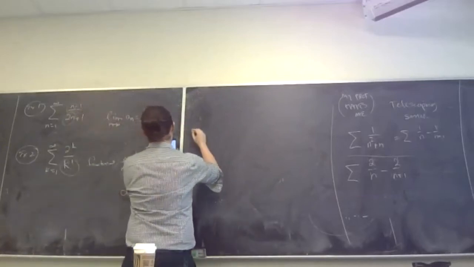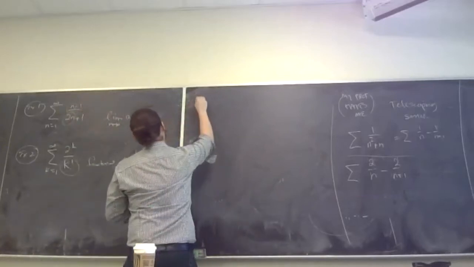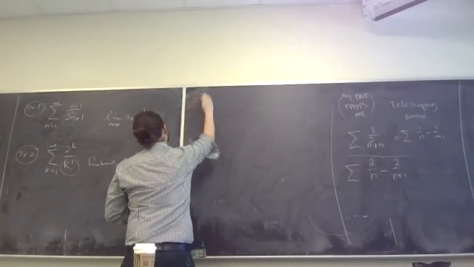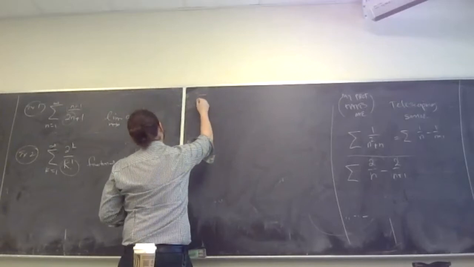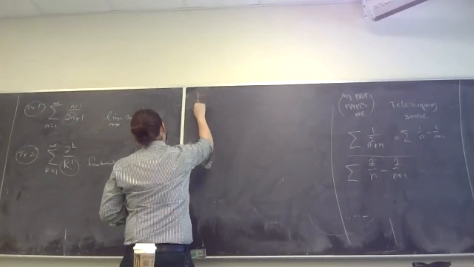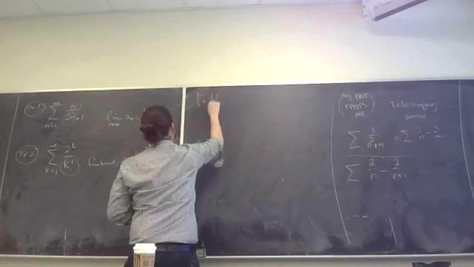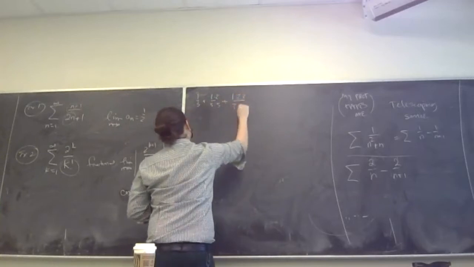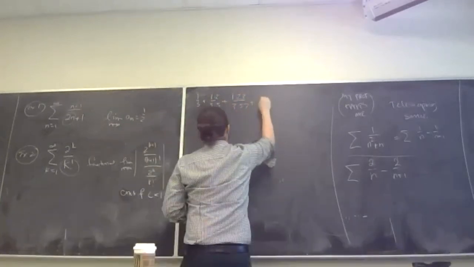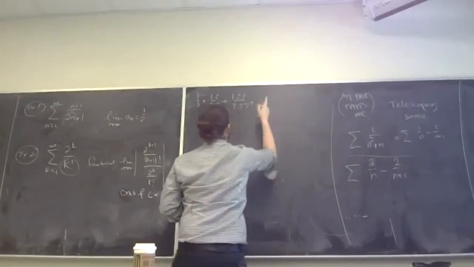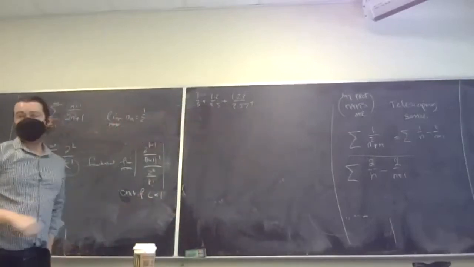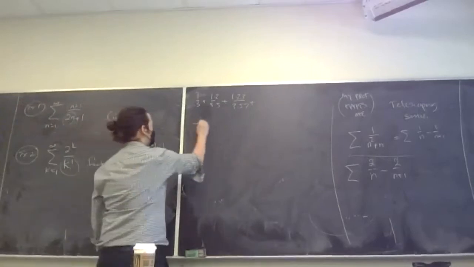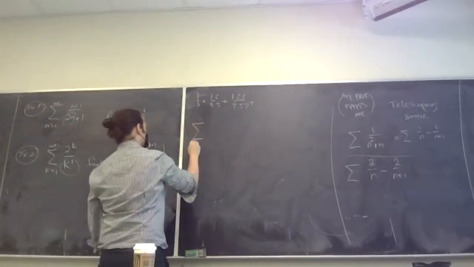All right. How about, okay, so here's kind of a trickier one. What if I told you I had a series that looked like 1 over 3 plus 1 times 2 over 3 times 5 plus 1 times 2 times 3 over 3 times 5 times 7 plus, and so on like that. Now in sigma notation, what you'd be looking at is something like this.